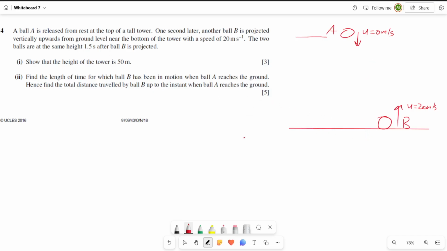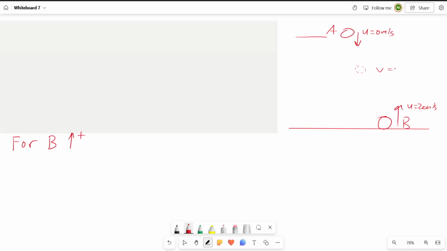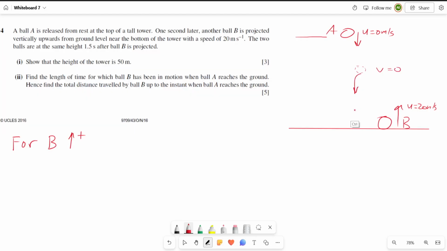So first, I will do the quantities for B, taking upwards as positive. What I'm trying to find is the time it took for B to reach its maximum height, a velocity of 0, before moving down again. This is what I want to know in the beginning.